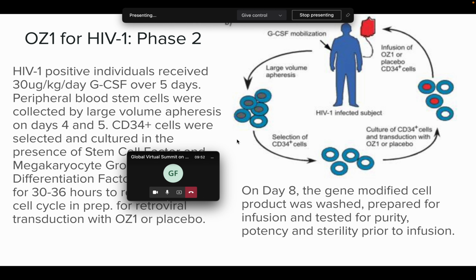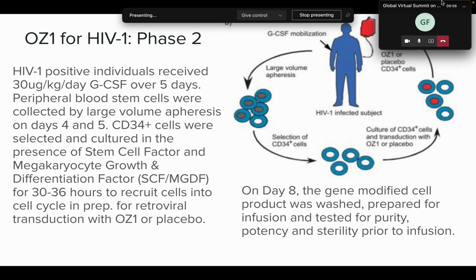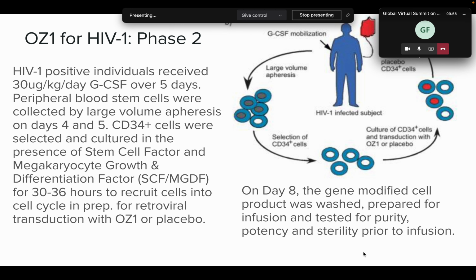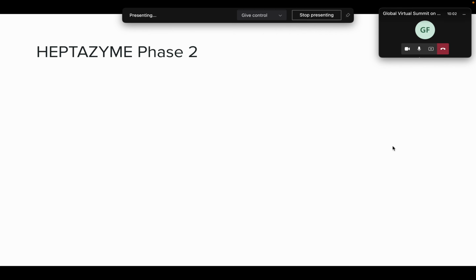And then on day 8, the gene-modified cell product was washed and prepared for infusion, and then tested for purity, potency, and sterility prior to infusion.